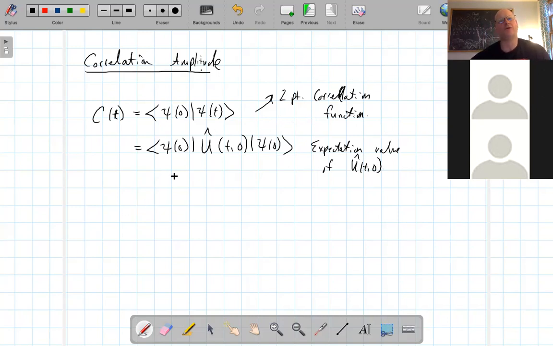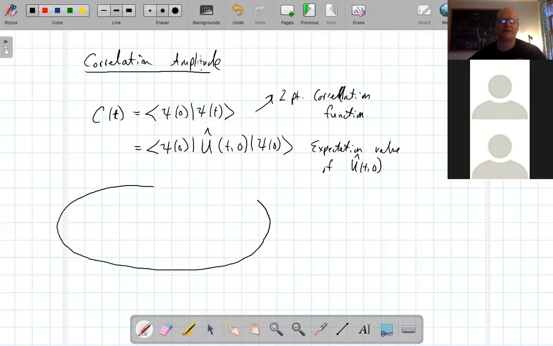What they tell you is how two points, whether it be position or time or angle or anything else, relate to each other. How is one point correlated to another point? For example, in cosmology or astronomy, if this was the CMB, the cosmic microwave background, a lot of times we use the two-point correlation function.